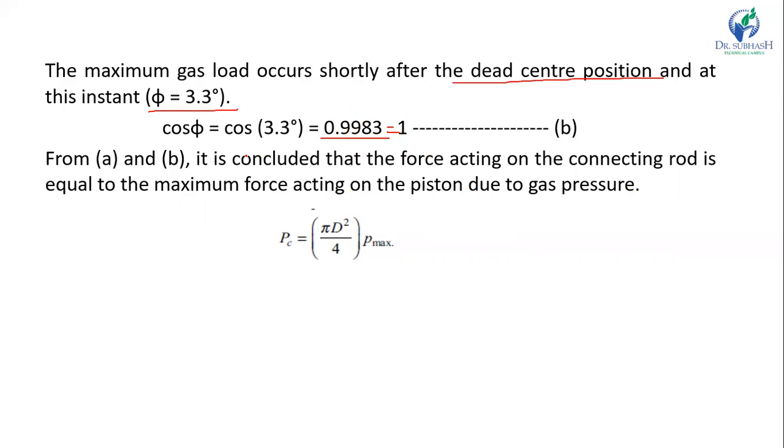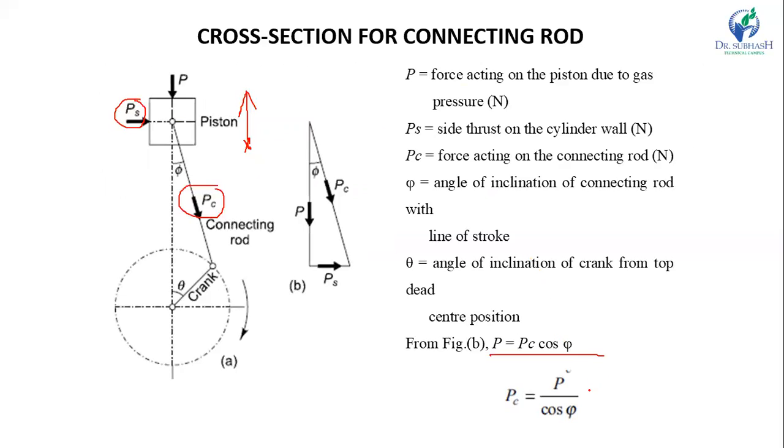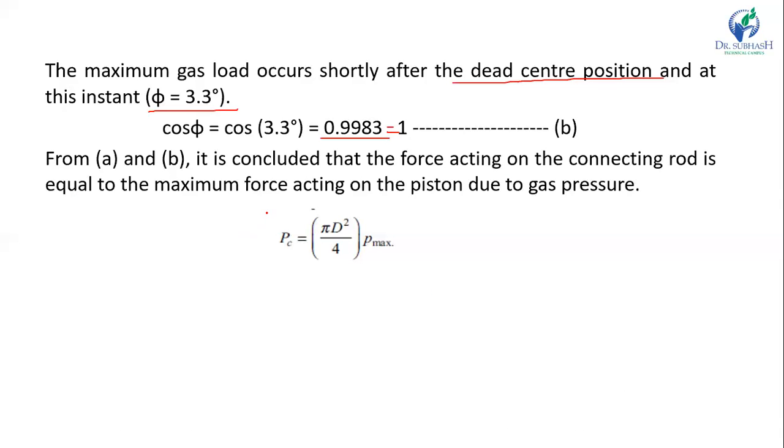So from equation A and B, we can say the maximum force acting on the piston is due to the gas pressure. Therefore, PC is equal to area into maximum pressure, so pi by 4 d square into P maximum.